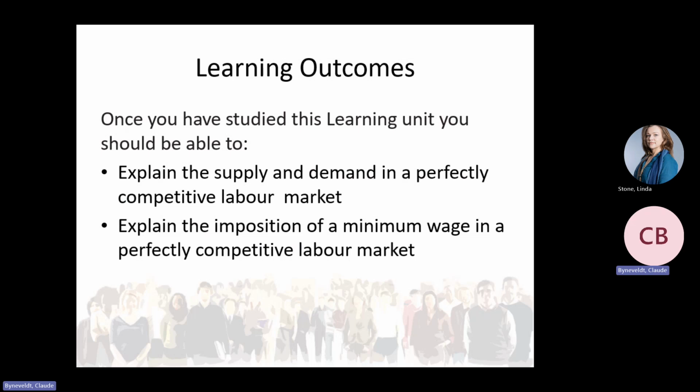In terms of the labor market, we will use demand and supply analysis, as we have done with the goods market. Now we're dealing with the factor market, and specifically the labor market as a factor market.